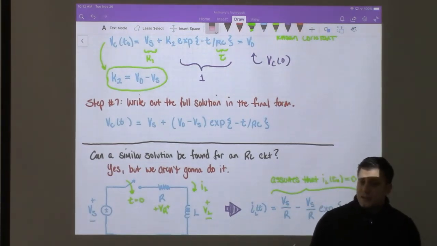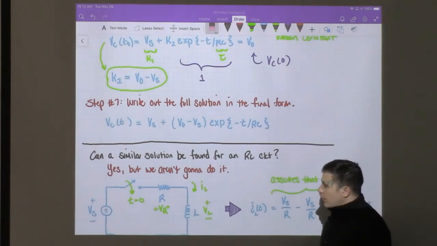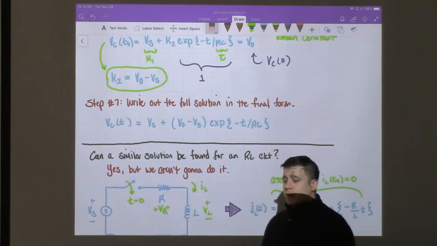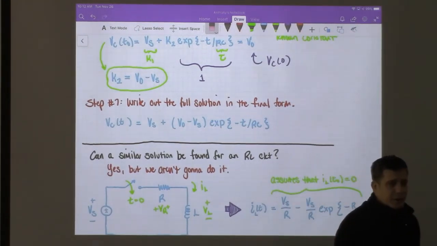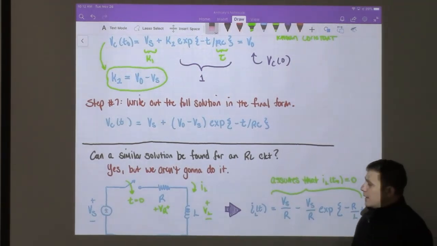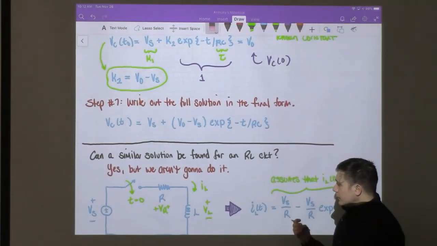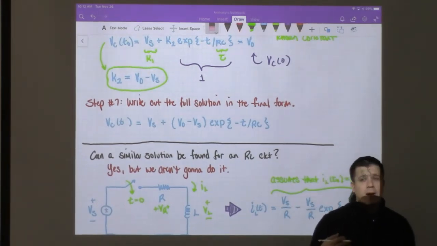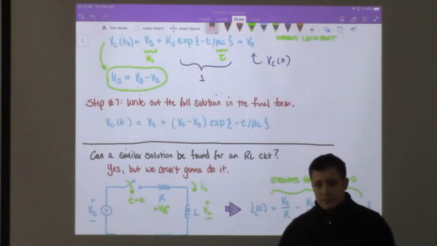You're going to use the state variable approach. IL is going to be our state variable. We're going to find the initial condition. What is the initial current through the inductor, which in this case will be 0. We'll write out an expression that puts the system in terms of IL. Again, it's going to be a KVL-based expression. Then we're going to try to put that differential equation into the form of dx/dt plus ax equals f of t.